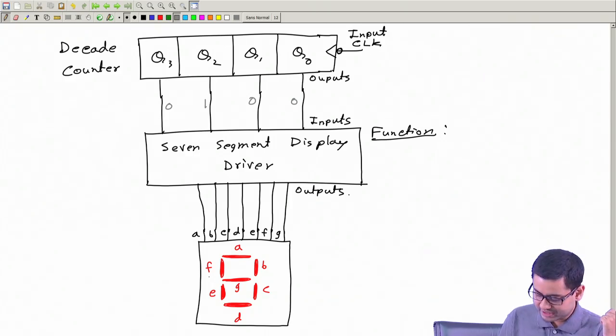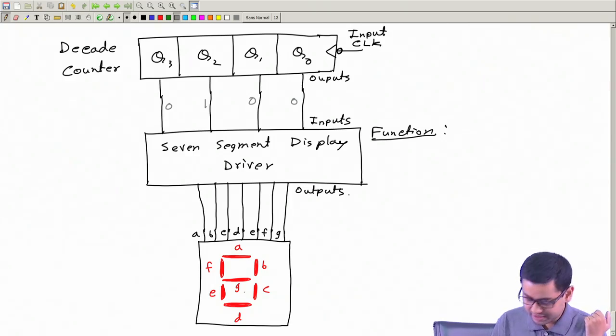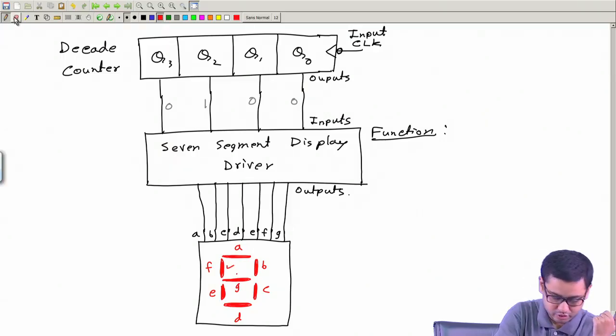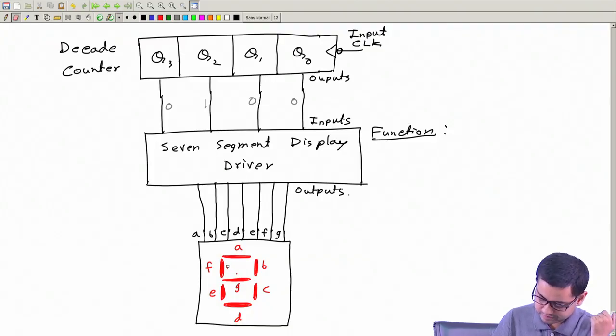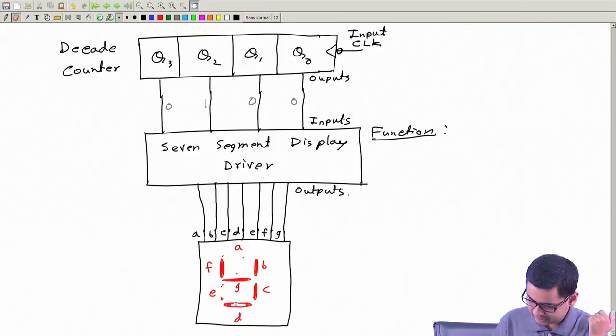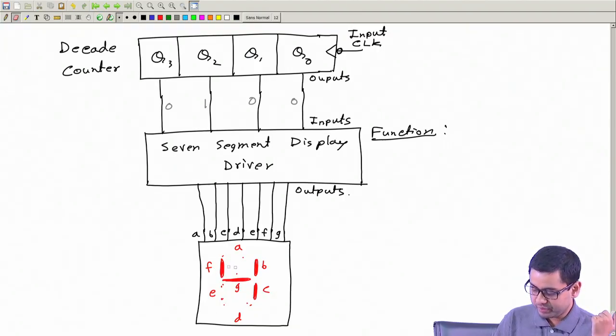So when is that possible? To set the number 4, I have to turn this one on, this one on. Let me draw it this way. To make it 4, I have to make it like this. That means F, B, G and C will be on.